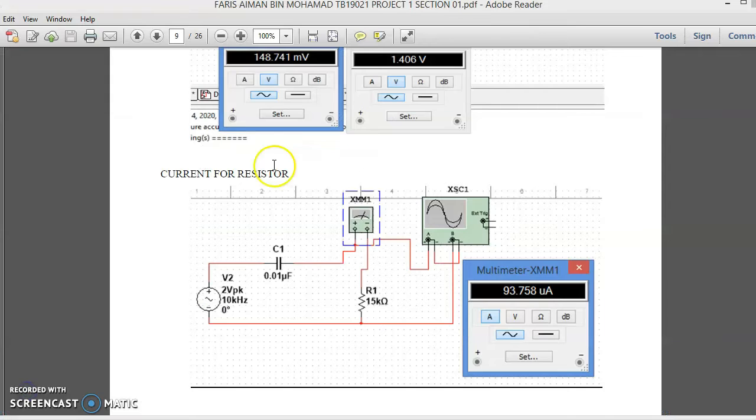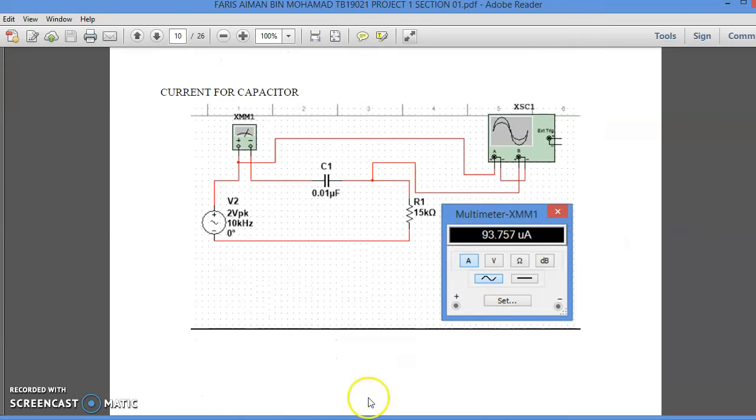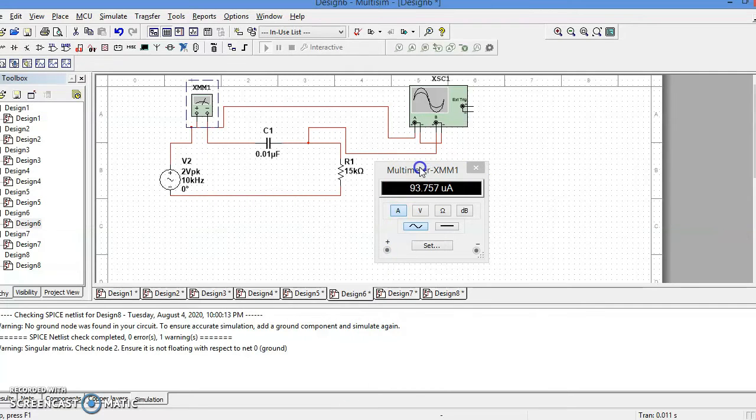For the resistor, I get 93.50.76 microampere. For the capacitor, I get the same value as the resistor, 93.75 microampere.